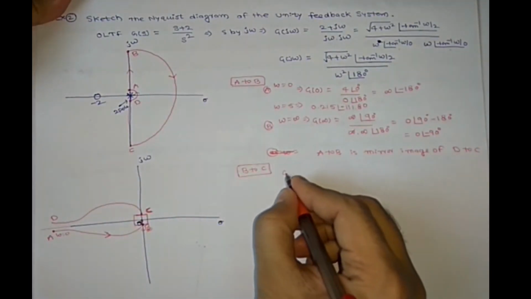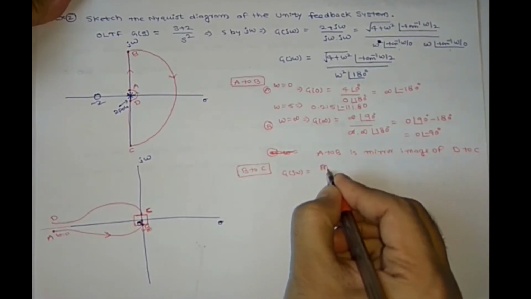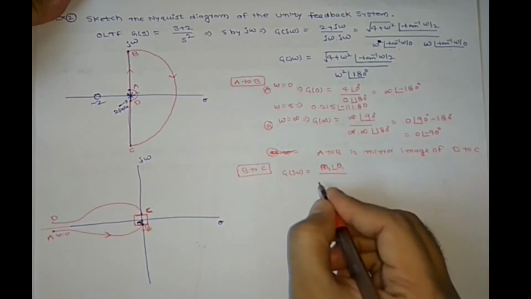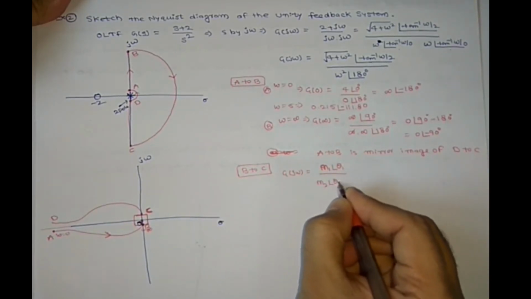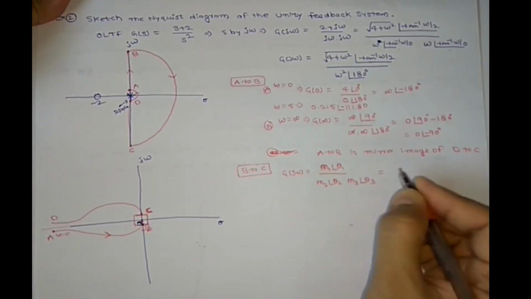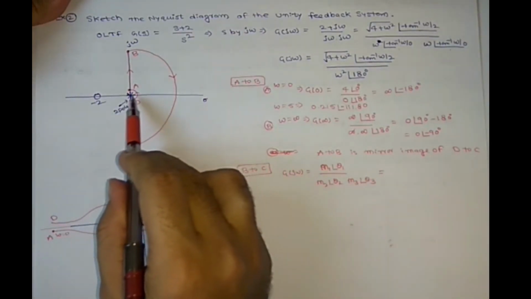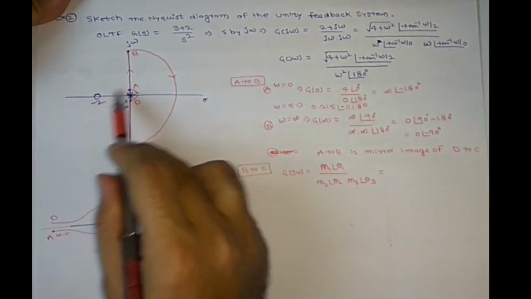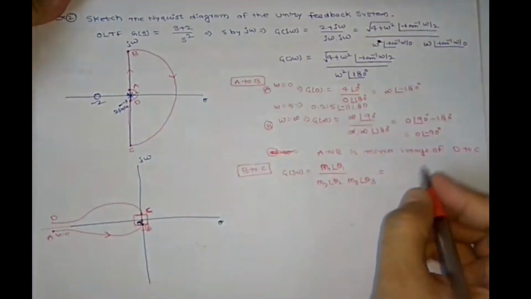So G(j omega) has magnitude M1 and angle theta 1, M2 and angle theta 2, and M3 and angle theta 3. From 0, what is the magnitude of this vector?